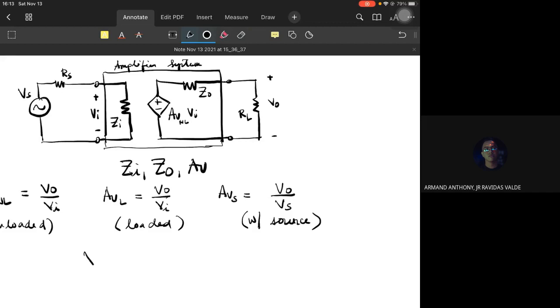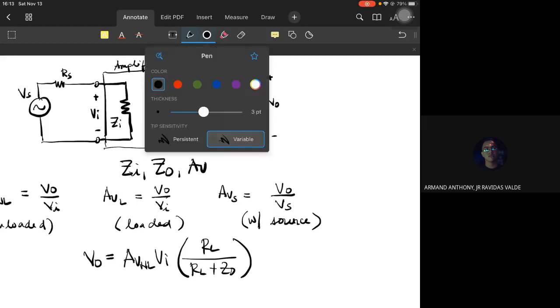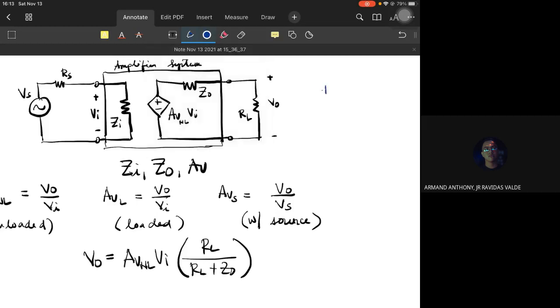VO is equal to the voltage source, which is AVNL times VI, times RL over RL plus ZO. It's just a voltage divider.